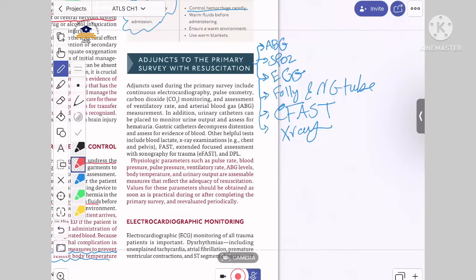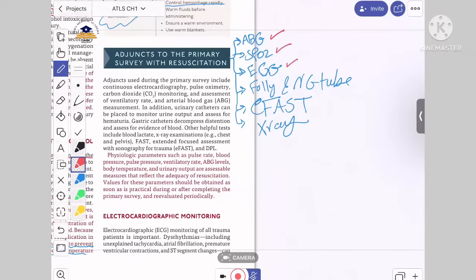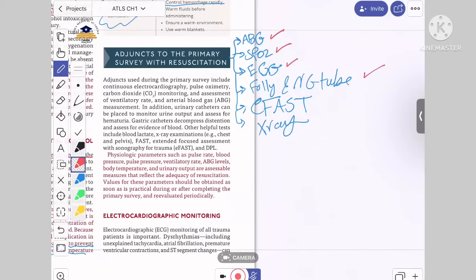It's very important to send the patient for ABG, arterial blood gas analysis, to check the SpO2 with an oximeter, to do an ECG if you suspect cardiac or chest injury, and you can put in a Foley catheter and NG tube for some patients.